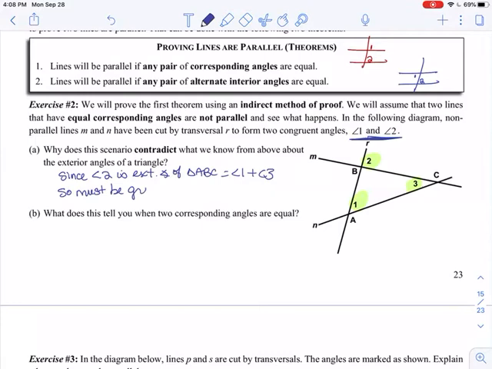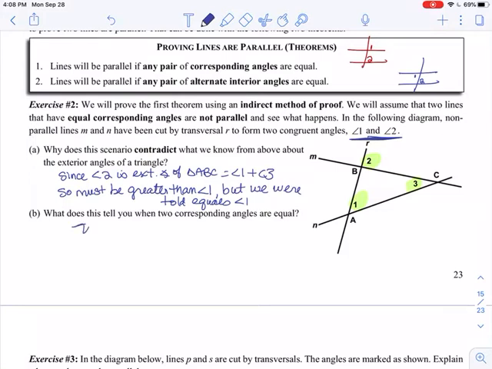So it must be greater than angle 1. But we were told it equals angle 1. So there's my contradiction. It can't be equal to angle 1 and at the same time equal to angle 1 and angle 3. It's not like angle 3 is non-existent.